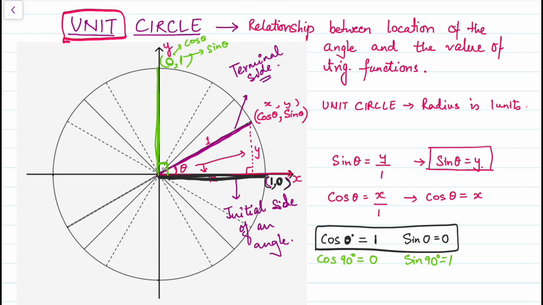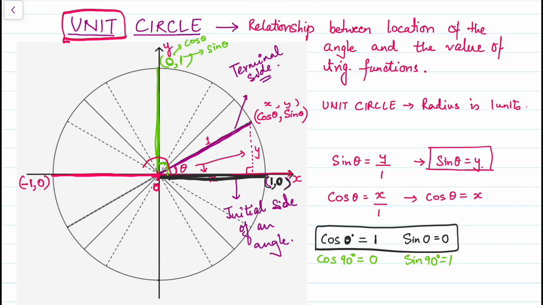Now next let's go another 90 degrees. So that's going to be 180 degrees. If we go 180 degrees here, we can say that x now becomes, so if that point is 1 here, it's going to be -1, okay, and your y is again 0 here, right?